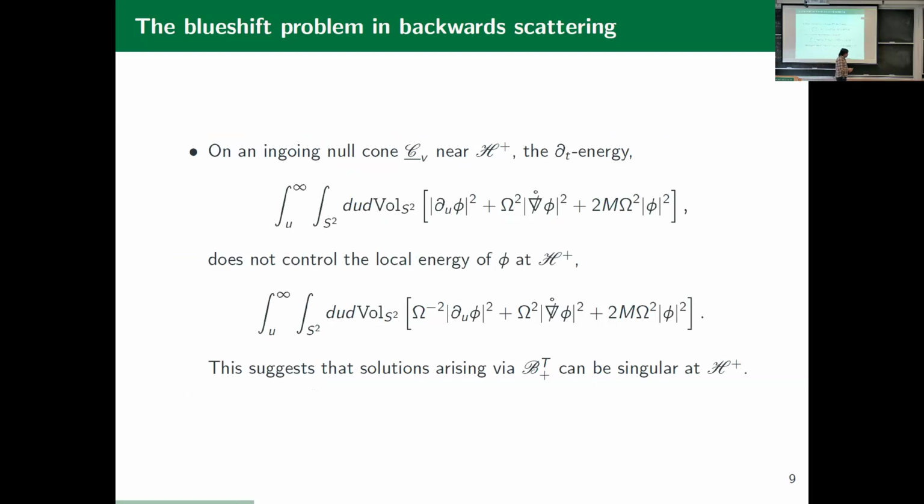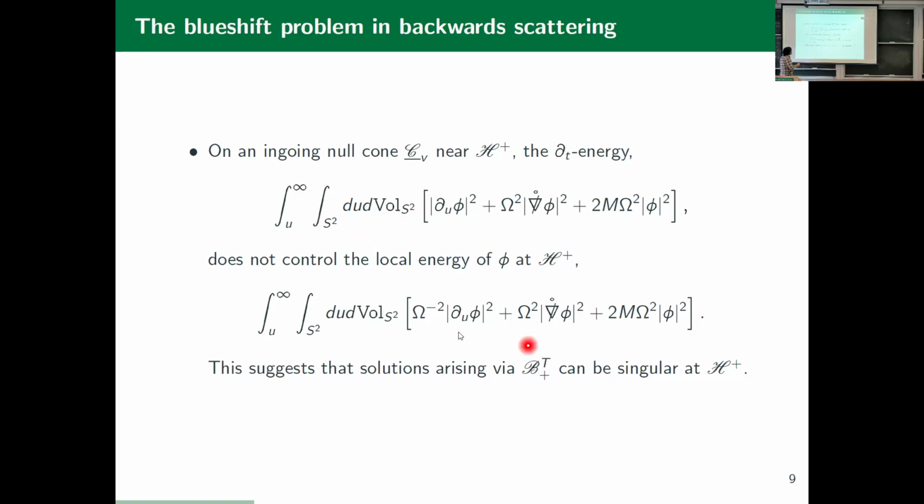Okay, so the central problem that we have here is that this conserved energy does not control the local energy at the horizon. So if we look at the flux of the partial t energy, the conserved energy, on a fixed v slice intersecting the horizon, and we look at the integral near the horizon, then we see that we have the flux of du phi squared in the measure du d vol s2.